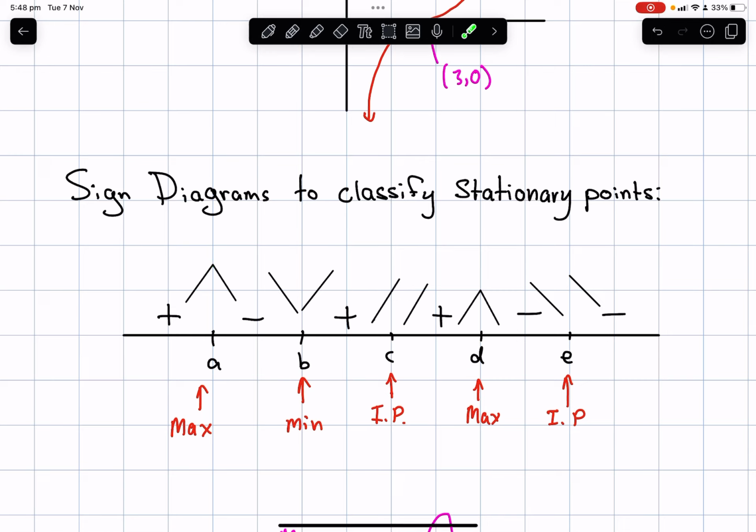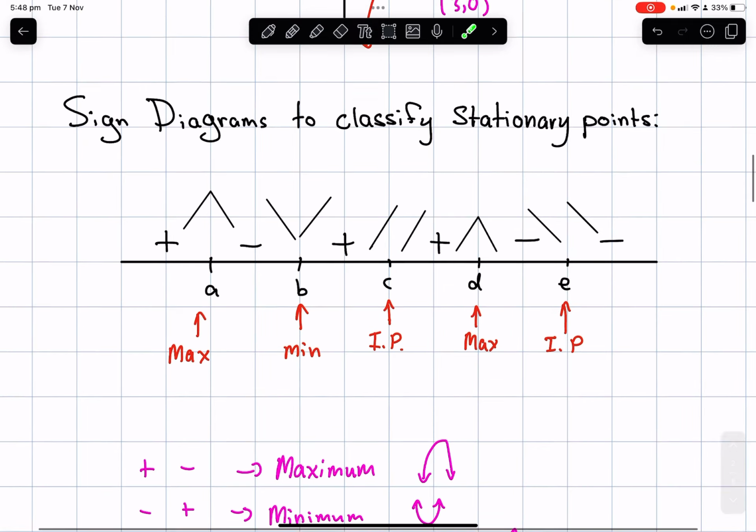So this looks like a maximum because the point is at the top. Then I've got a negative and a positive, and that looks like a minimum. If I have two pluses in a row, there's no clear maximum or minimum, so we say that's an inflection point. And if I have two negatives, it's also an inflection point, okay?